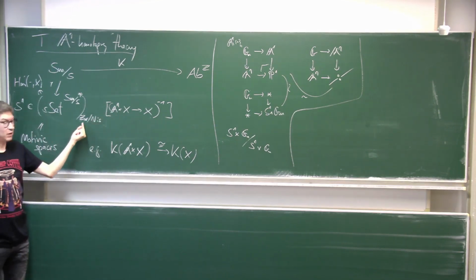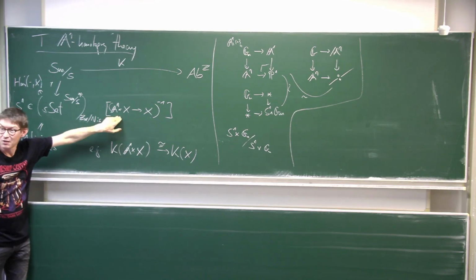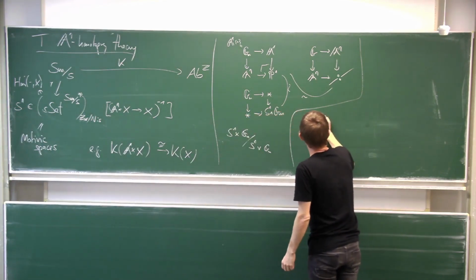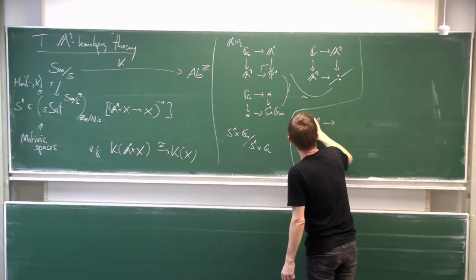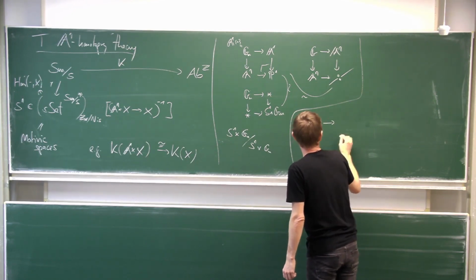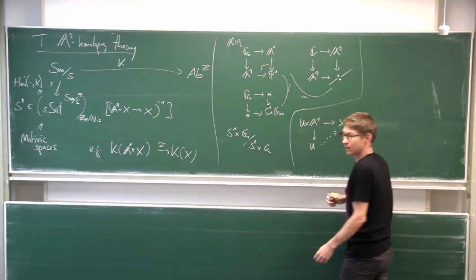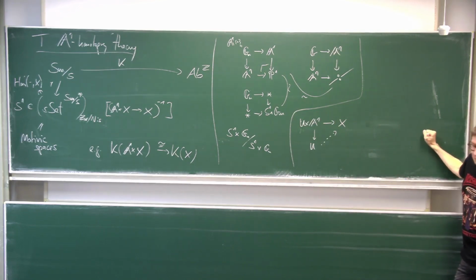It means it should be a sheaf, and it should be A1 rigid in the sense that it has this lifting property. So for any other test scheme, let's say U here, you find a lift up here. So there's no non-trivial maps from A1 to X.